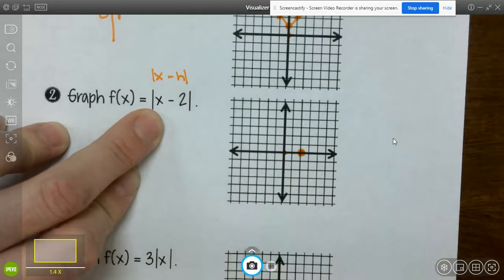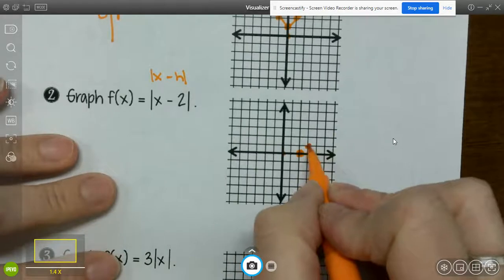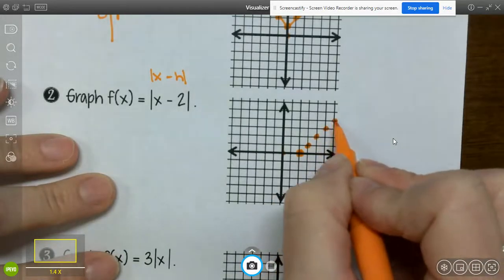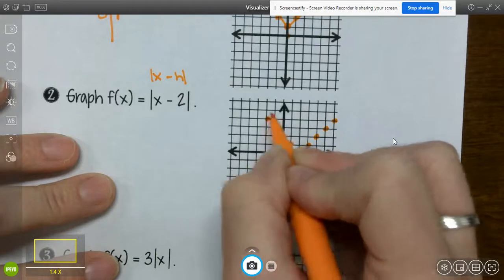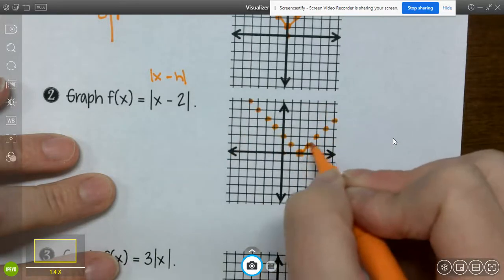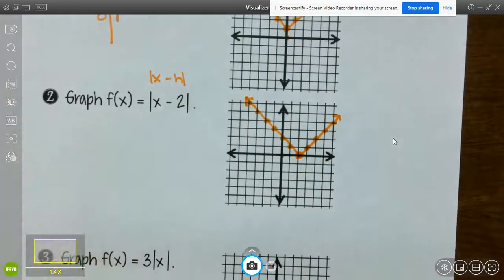It's going to be there, okay? And when I move it there, that means all of my points are shifting over to here. So this graph is going to look like that, okay?